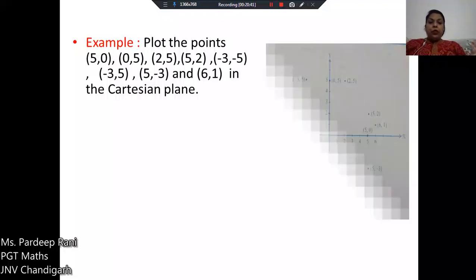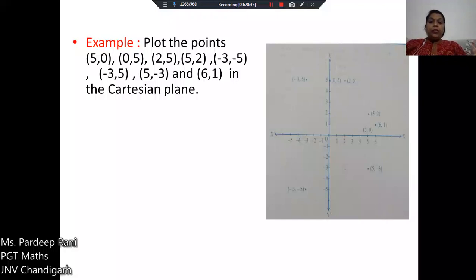I am giving you the solution. For (5, 0), since its y-coordinate, that is the ordinate, is 0, this point will lie on the x-axis at a distance of 5 units. So the point I am pointing to here represents (5, 0).